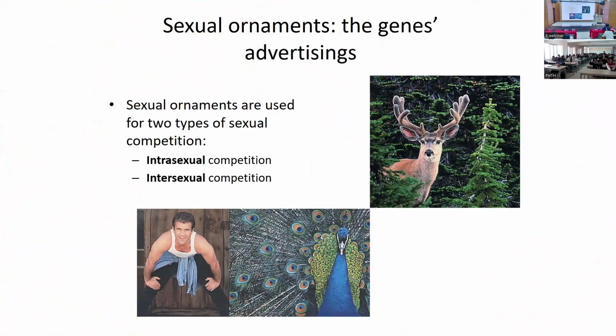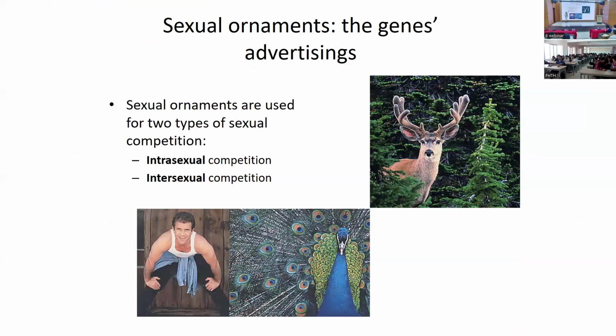So now let's go to explain another thing, very important. The sexual ornaments are useful for two types of competition. One competition is within the same gender. It is called intrasexual or intragender competition.